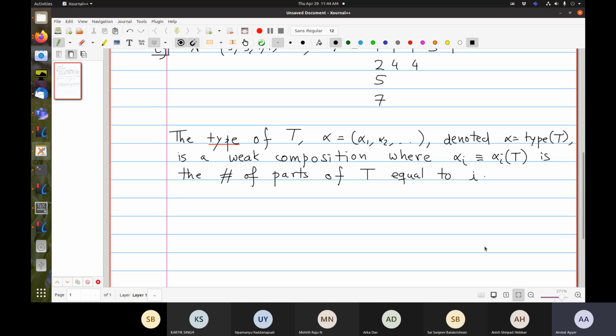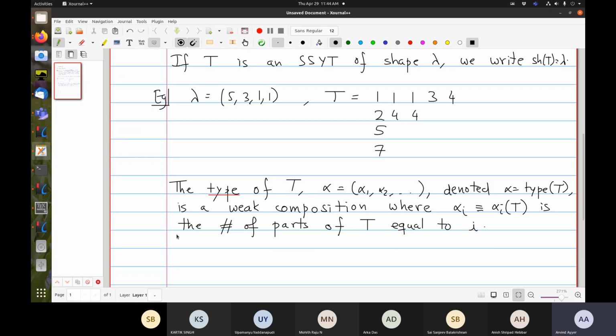So in the above example, type of T, let's see, so how many ones are there? That's alpha 1, so that's 3. How many 2s are there? 1.